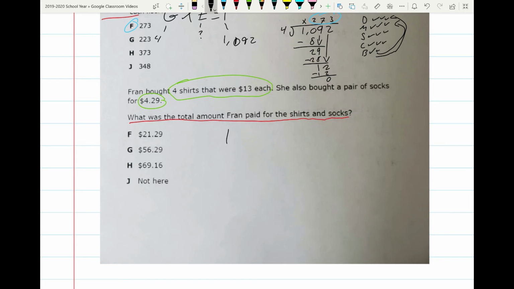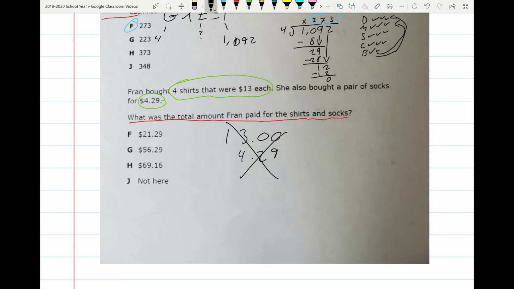Am I just going to add 13 and 4 and 29? No, this is incorrect. The reason why I'm not going to do 13 plus 4 and 29 is because she bought 4 shirts that were each 13.